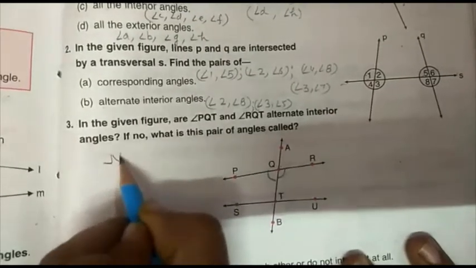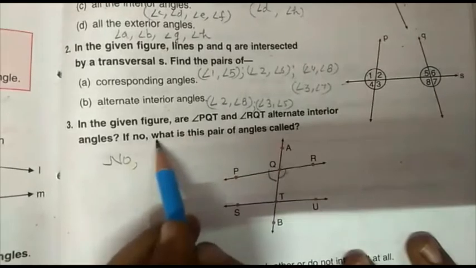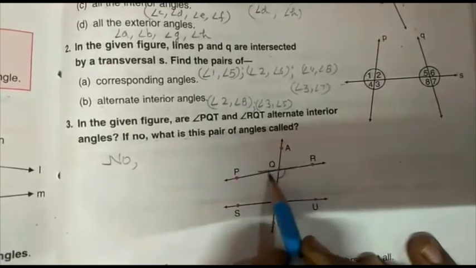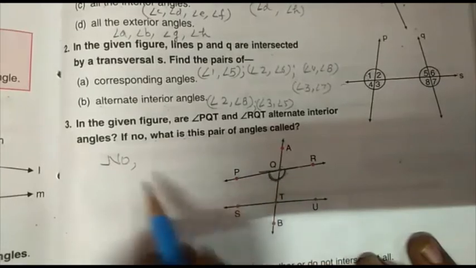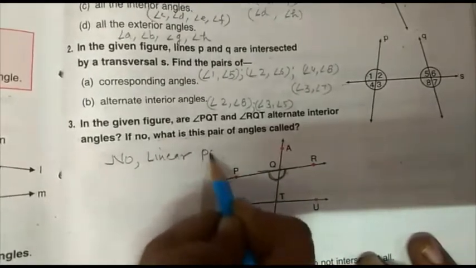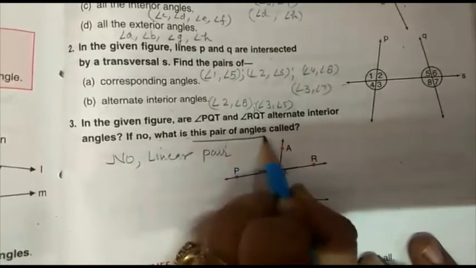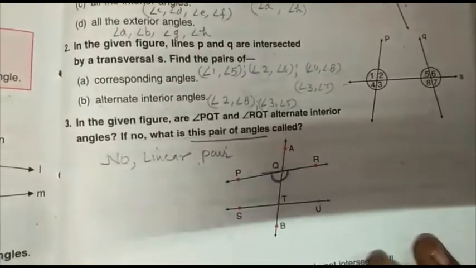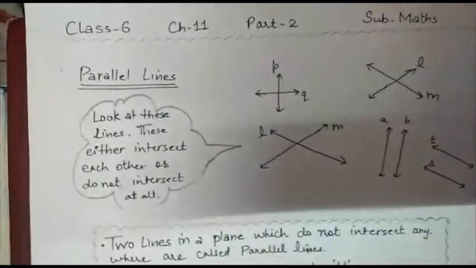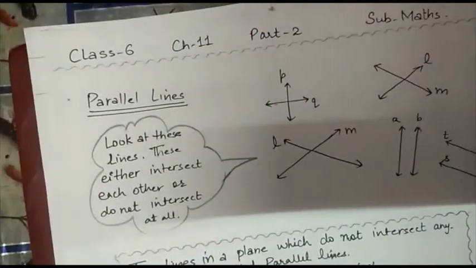So we will say no. And if no, what is this pair of angles called? This type of pair is known as a linear pair. This pair is called a linear pair.